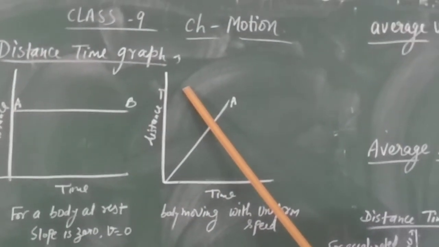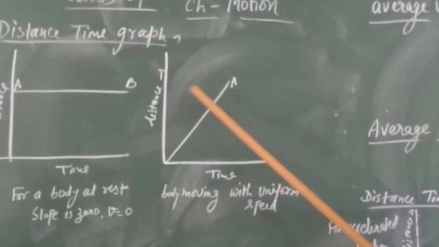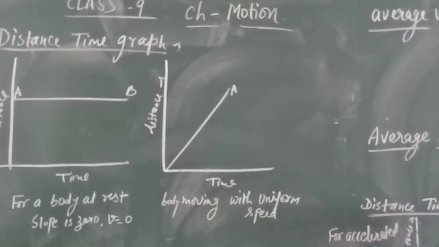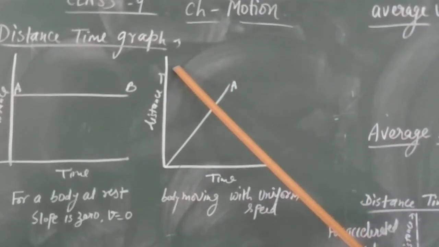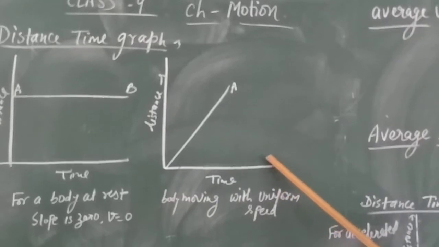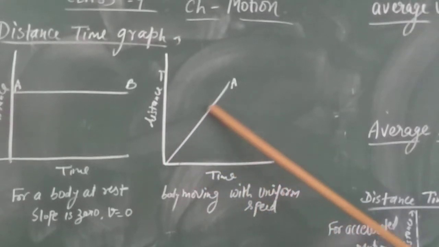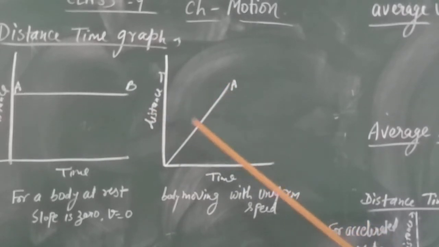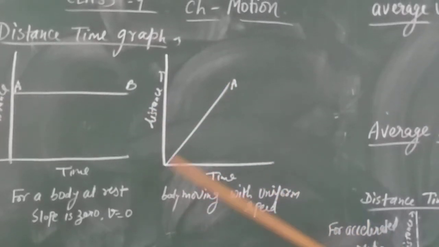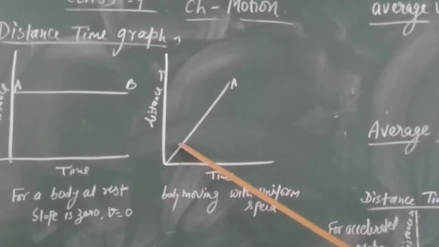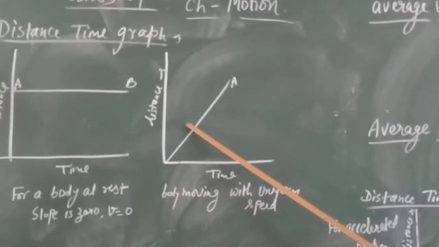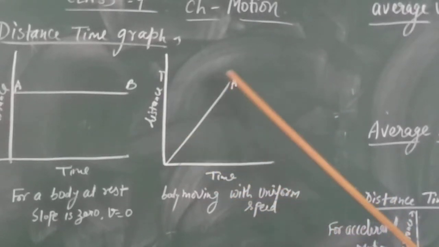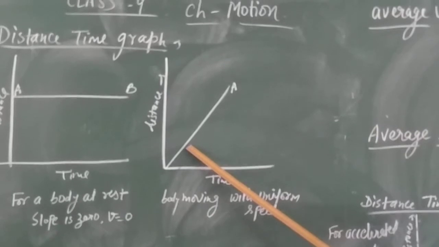Now the second graph is also a distance time graph. Distance is always along the y-axis, the vertical, and time is always along the horizontal. If the line is a straight line with some angle, not parallel to distance or to time, then there is some slope, and this slope is the same at every point.